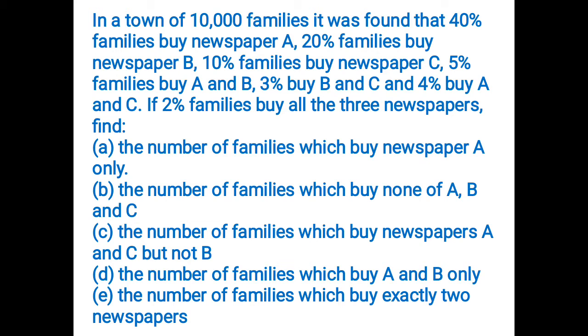So it says 40% families buy newspaper A. So we have to find the number of people who buy newspaper A, or over here family. So the number of families which buy newspaper A using the total given.